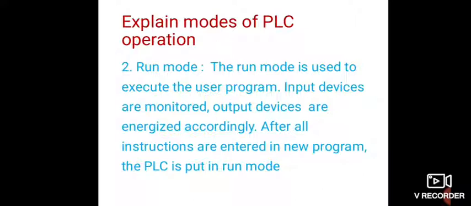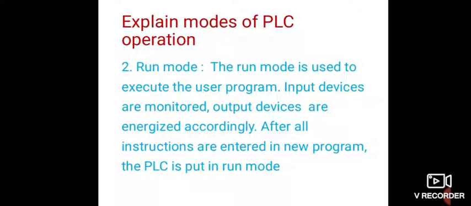After all instructions are entered in a new program, the PLC is put in run mode. Here it says input devices are monitored and output devices are energized in run mode. According to the program sequence, the inputs are scanned, that is, sensors, switches, etc. are scanned, and the status of sensors and switches in the form of zeros and ones is stored in the input status file.